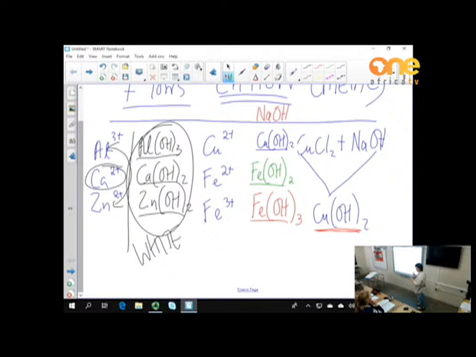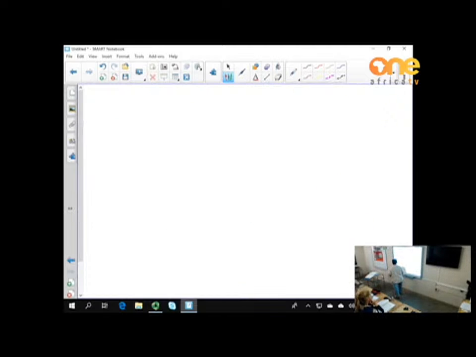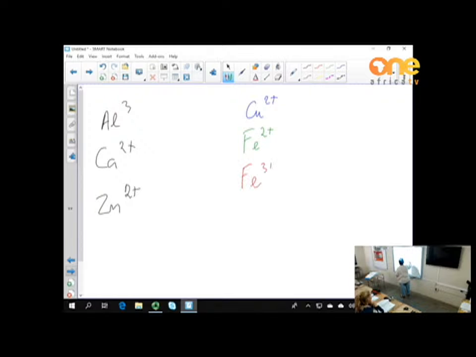Now, I'll come back to distinguishing between aluminium and zinc. We have got aluminium, calcium, zinc. Then we've got copper, we've got iron, and we've got iron.